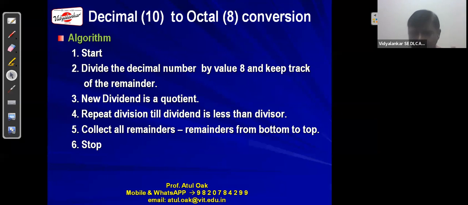It is better if you write, because through that you will get practice of writing algorithms, and you will identify that this is very similar to decimal to binary conversion, except for one digit difference: 2 replaced by 8. So write the algorithm. I will wait for 1 minute. Of course, you can take a peek also. You can write later also.